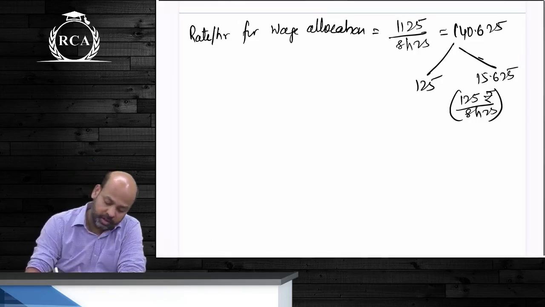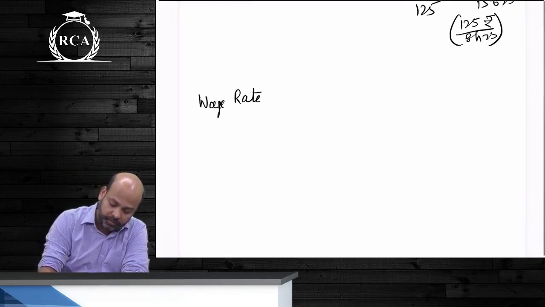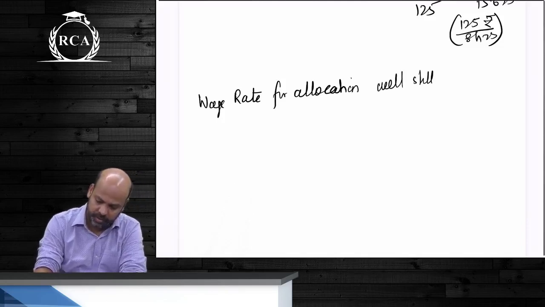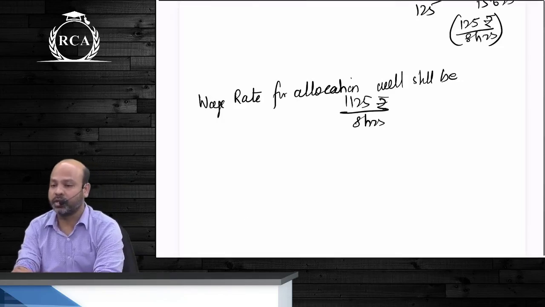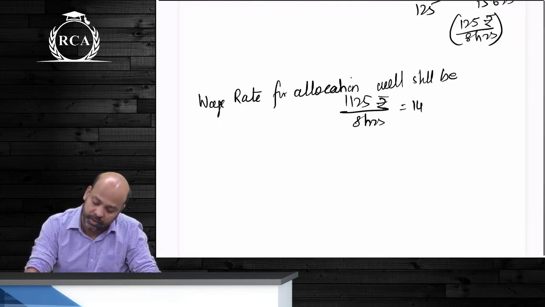Wage rate for allocation will still be 1125 divided by 8 hours, which is 140.625.